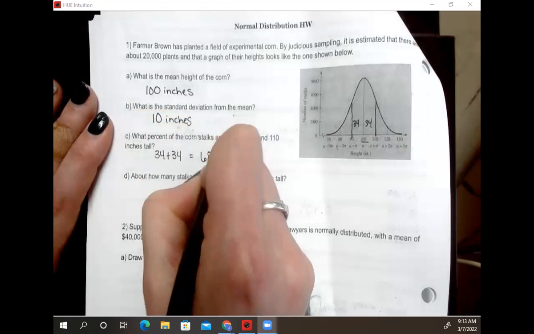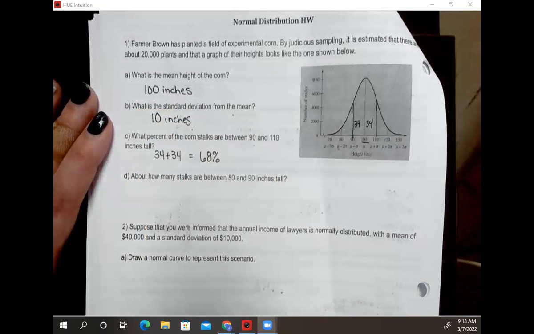I'm just going to add them up, and I get 68%. So I would expect 68% of my stalks for my corn to be between 90 and 110 inches tall. Over 2/3 of them, I would expect to be within one standard deviation of the mean.